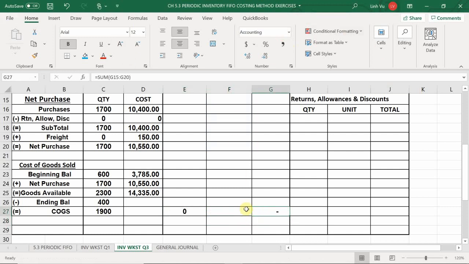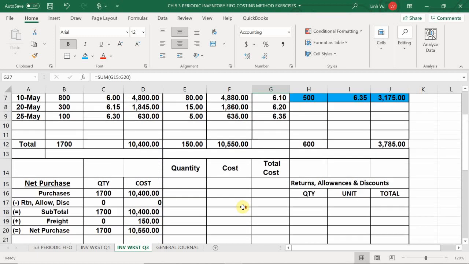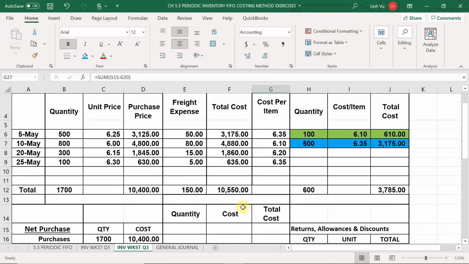How many more do I need to keep selling? 1,300. What's the next batch I'm going to be taking out from? The first one, the May 500. I'm going to take another 500, all of it, which is equal to another 3,175.